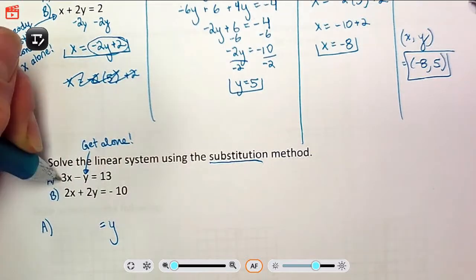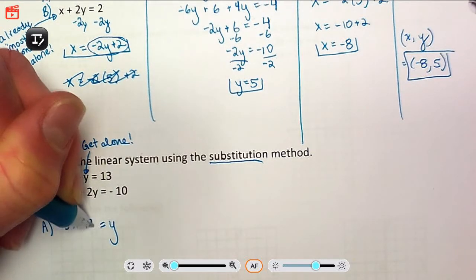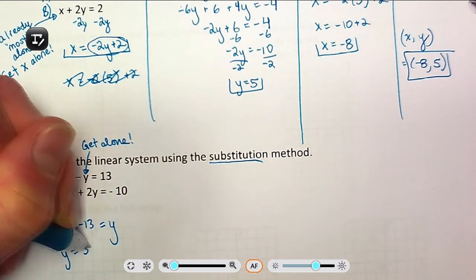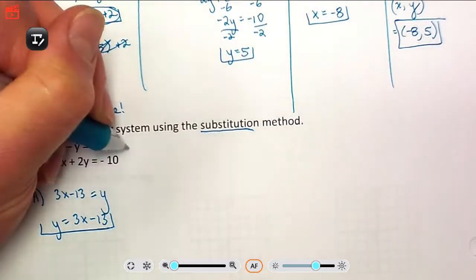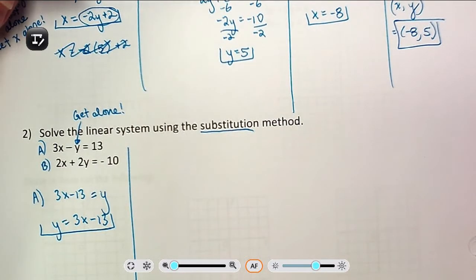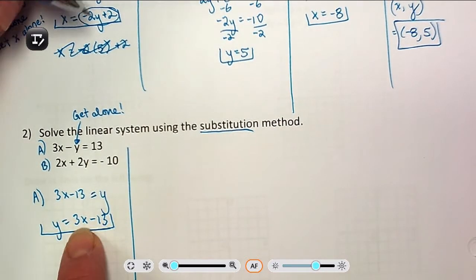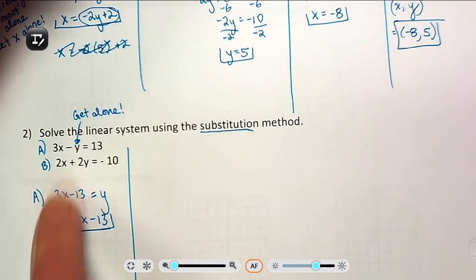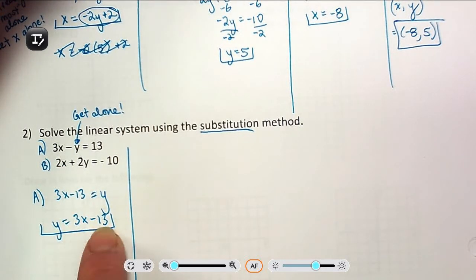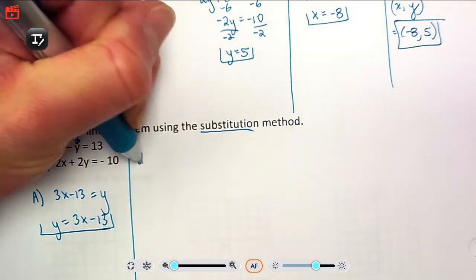Y equals 3x minus 13. Okay, put a little bracket around it. Step 2, substitute that into your opposite equation. If that's your A equation, go to your B equation, and if you know what y is equal to, then plug it in for y.